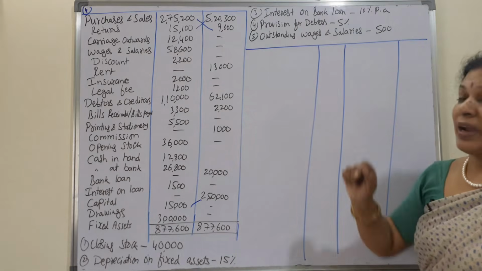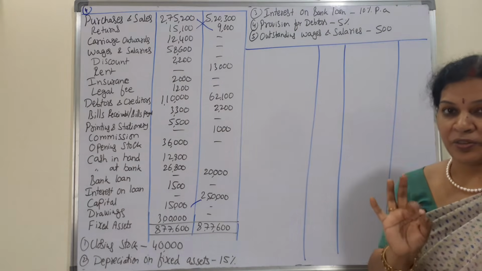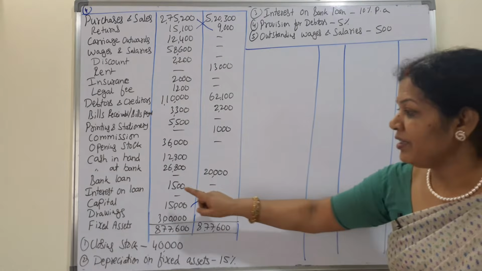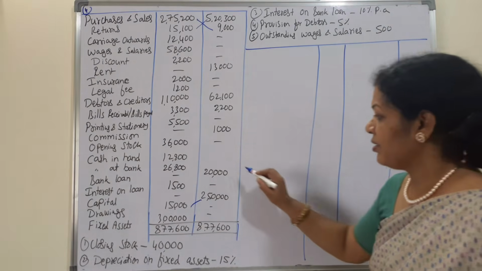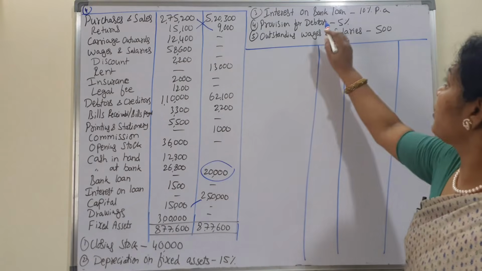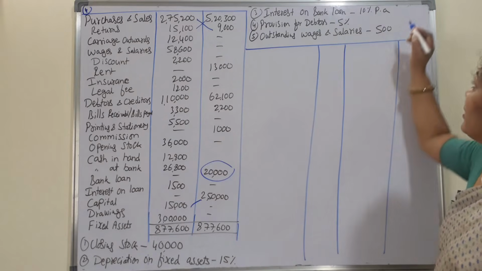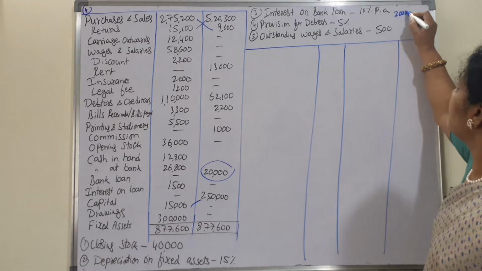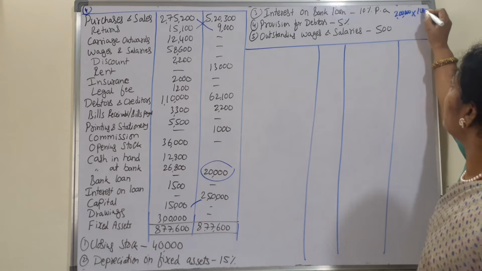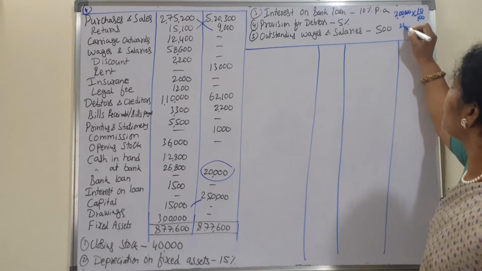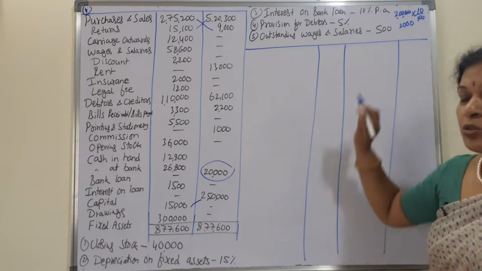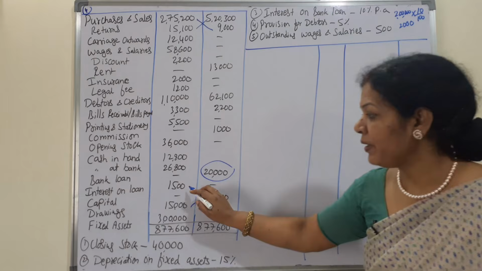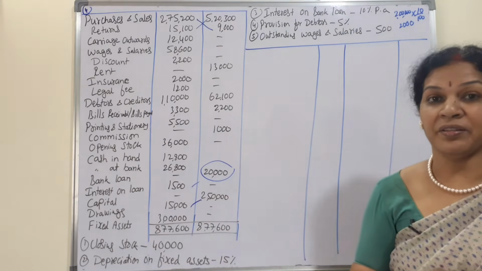Third one, interest on bank loan. You need to be very careful. The bank loan is 20,000. Out of this, 10% they are saying. 10% comes to 2,000. So interest on bank loan is 2,000. But how much have we paid? 1,500 paid.